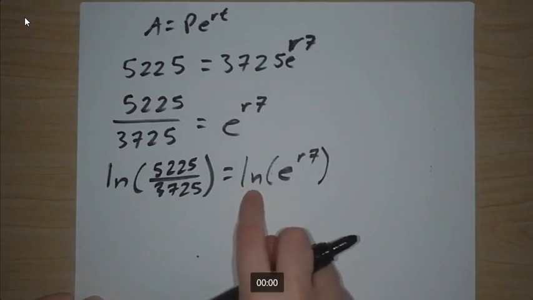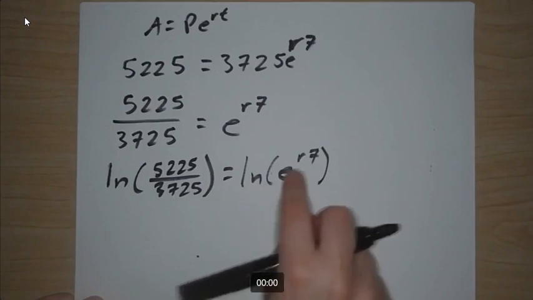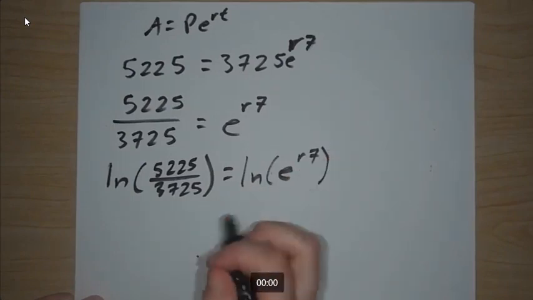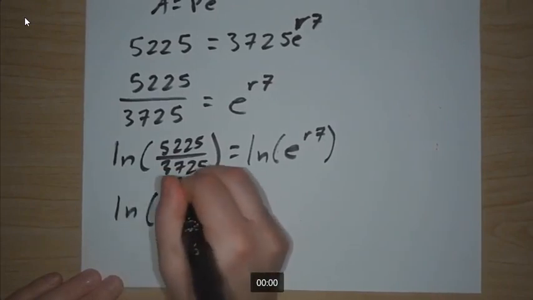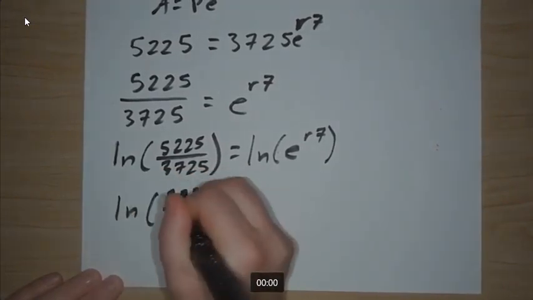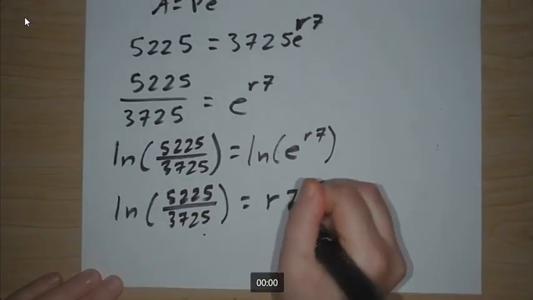And in any kind of logarithm, there's another rule that we can bring this down to the front, and then this will just essentially become 1. So we have, in essence, natural log of 5,225 over 3,725 is equal to r times 7.